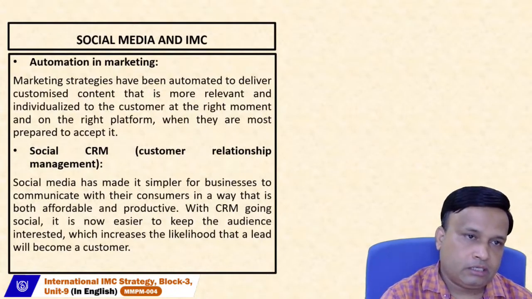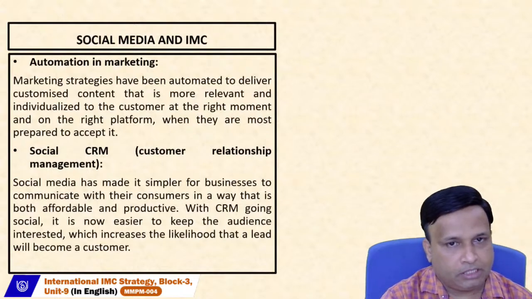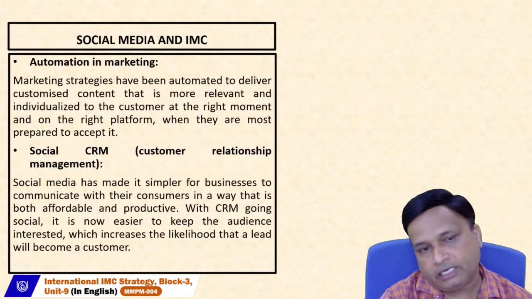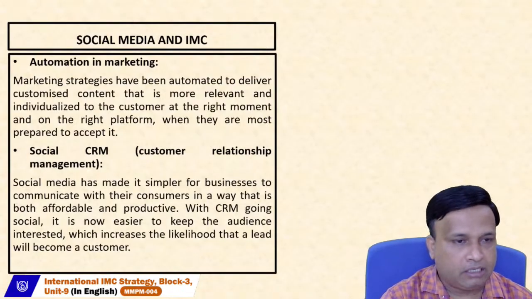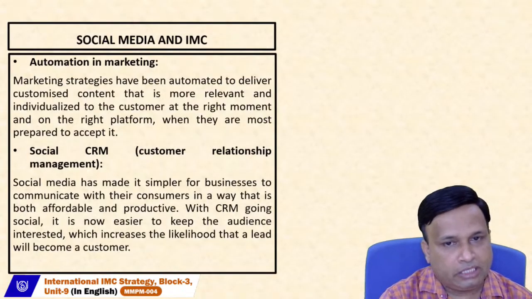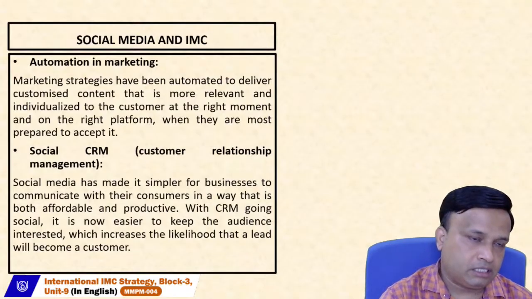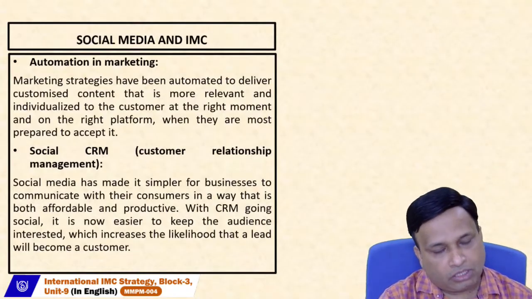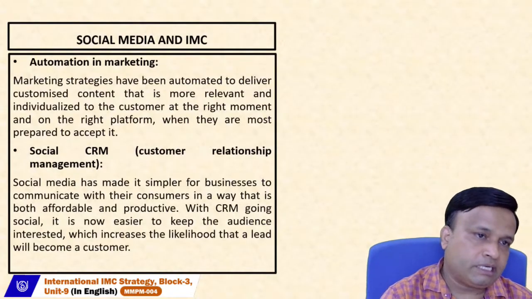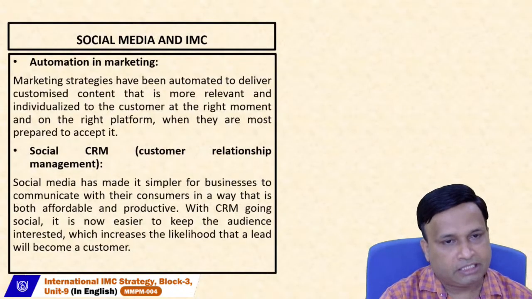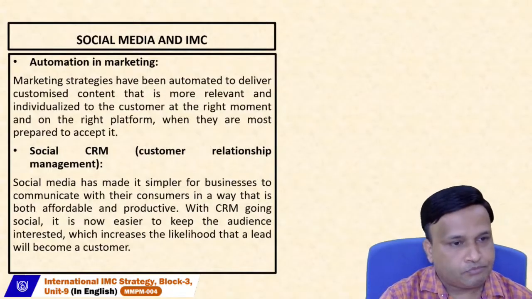That is why marketing strategies have been automated to deliver customized content that is more relevant, individualized to the customer, at the right moment on the right platform, when they are most prepared to accept it. That is one of the benefits of social media: it is automated, customized, and gives personalized messages to the customers.